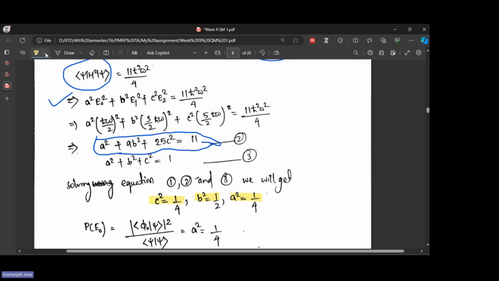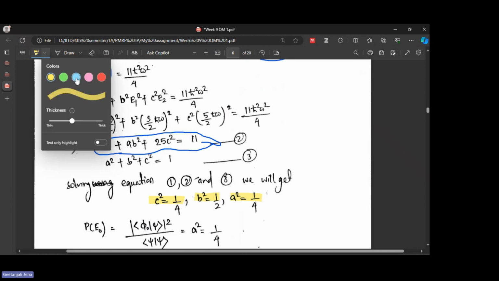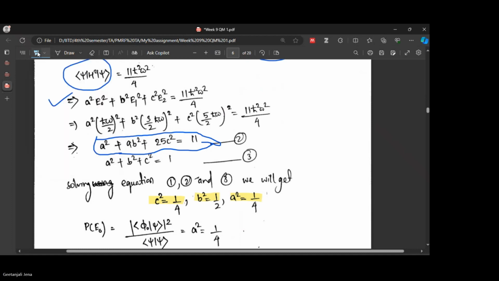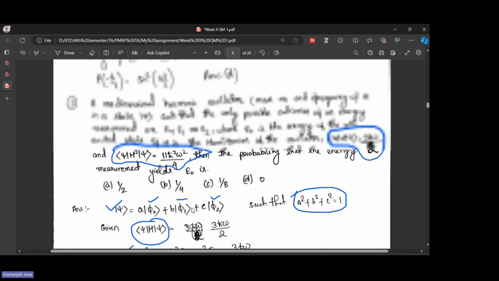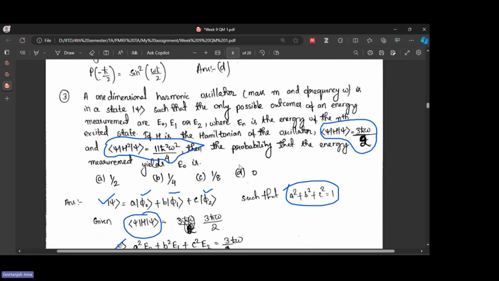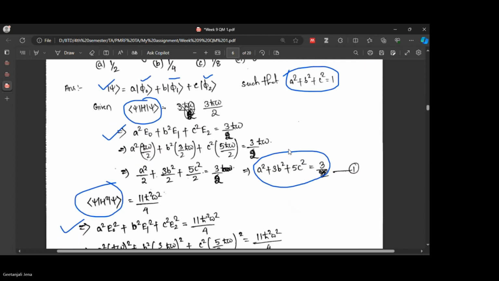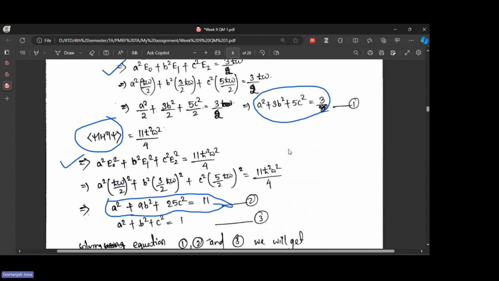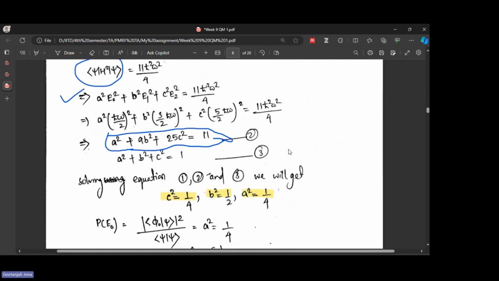Right? So now you want to find the probability. The question is about the probability that the energy measurement will yield E0. The probability of getting E0 means the probability of getting the state corresponding to E0, which is phi 0.